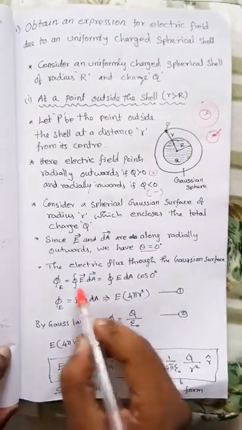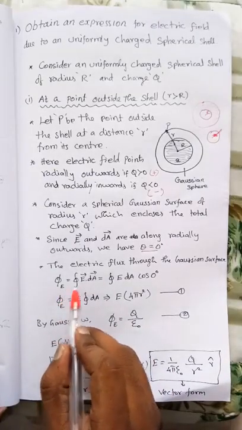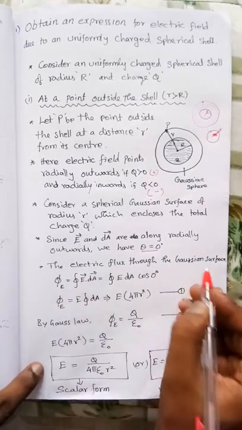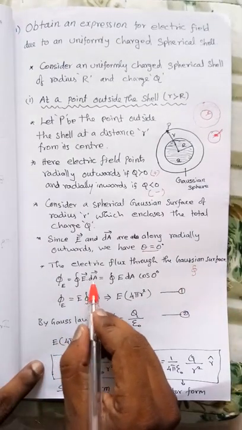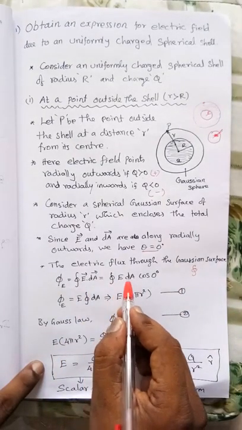Already you know the formula for electric flux: the closed integral of E dA cos theta.